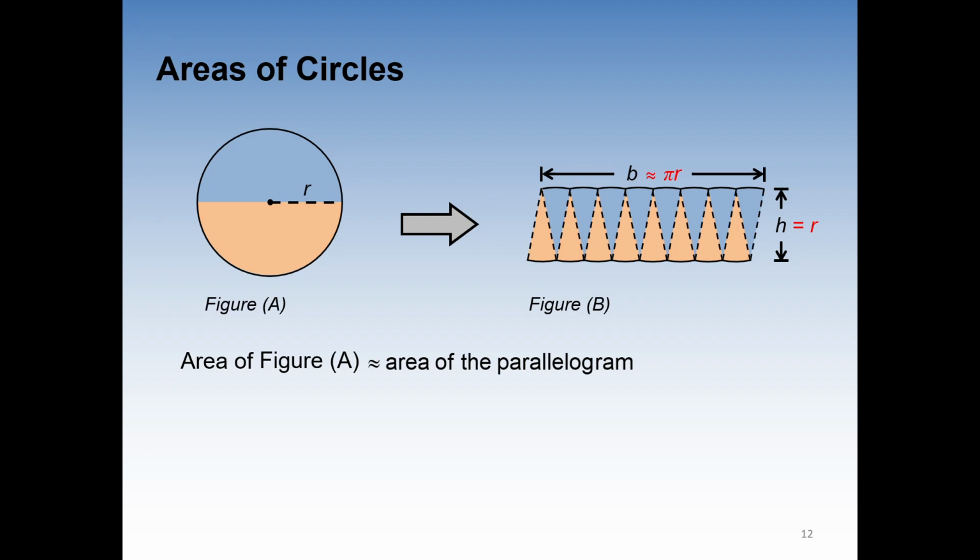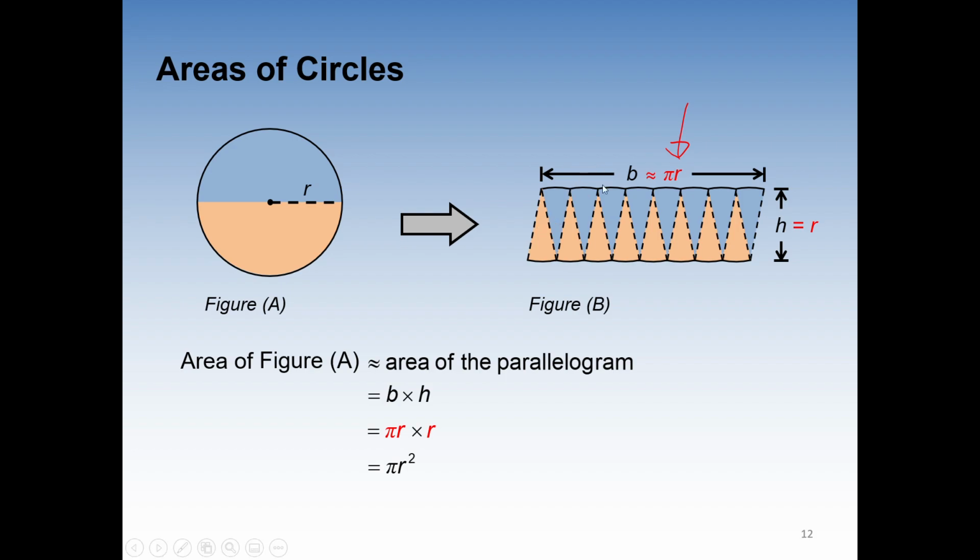So the area of the circle will be roughly the same as the parallelogram. And we know that the base of the parallelogram is half of the 2 pi r, so that is pi r. And the height of the parallelogram will be the same as the radius.